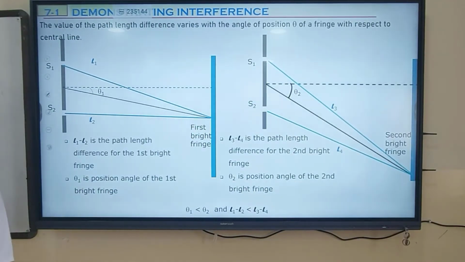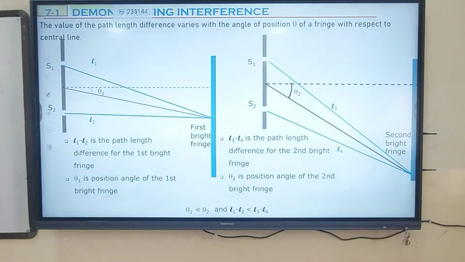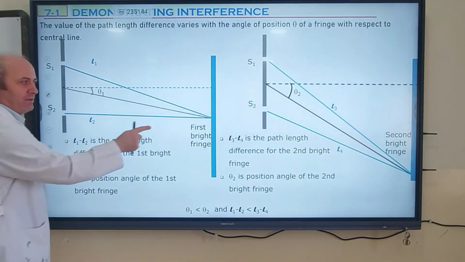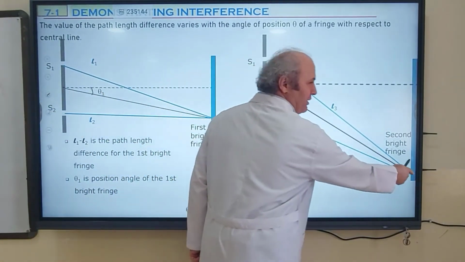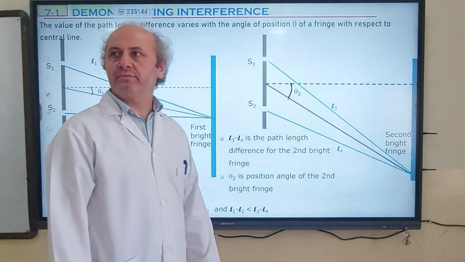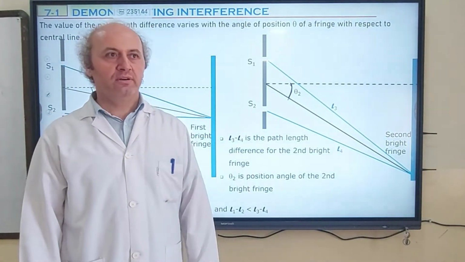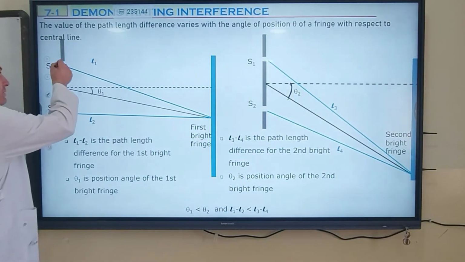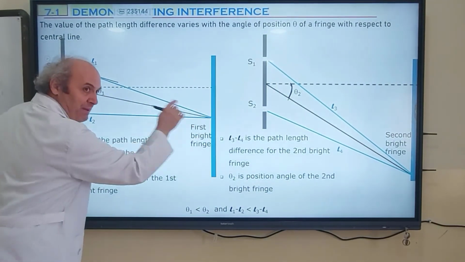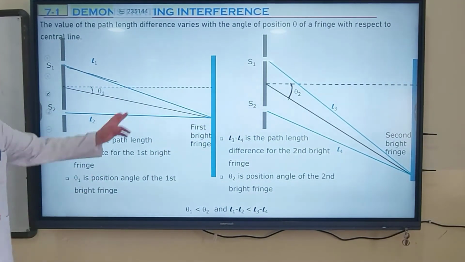As theta, the position angle, increases, the path length difference also increases. Look at now. Theta 1 is the position angle of the first bright fringe. Theta 2 is the position angle for the second bright fringe. Which angle is greater? The second one. L1 minus L2 is the path length difference for the first bright fringe.